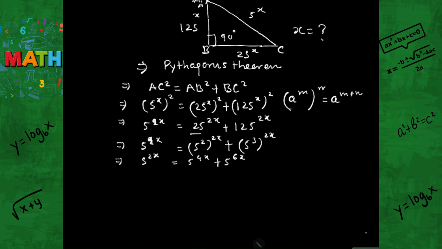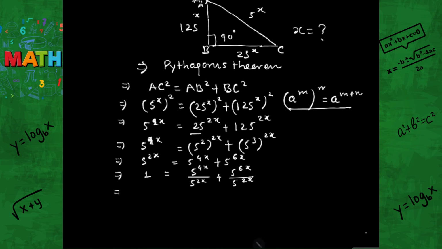Again, using this formula, now let's simplify it further. Divide each side by 5 to the power 2x, so this becomes 1, this becomes 5 to the power 4x divided by 5 to the power 2x, this becomes 5 to the power 6x divided by 5 to the power 2x, and this becomes 1 because 5 to the power 2x will cancel each other.